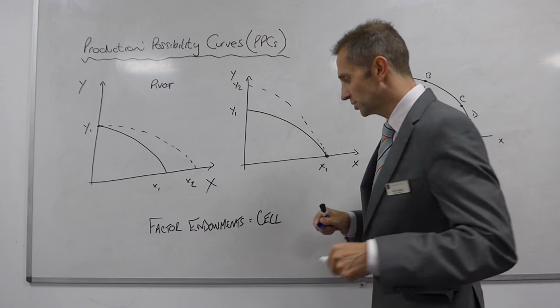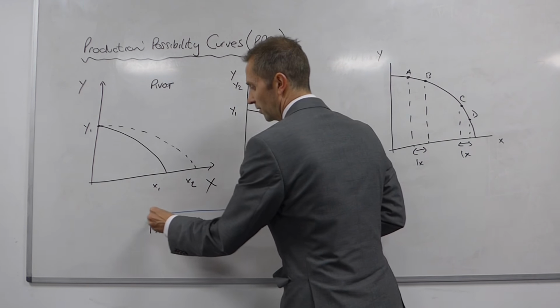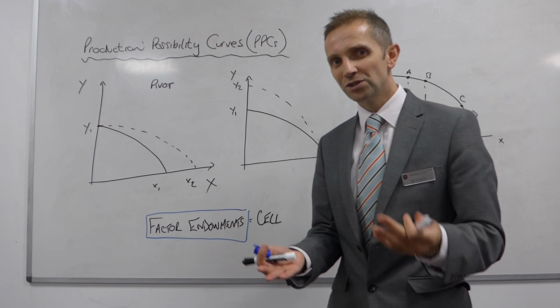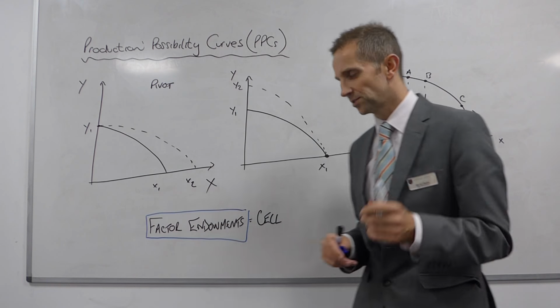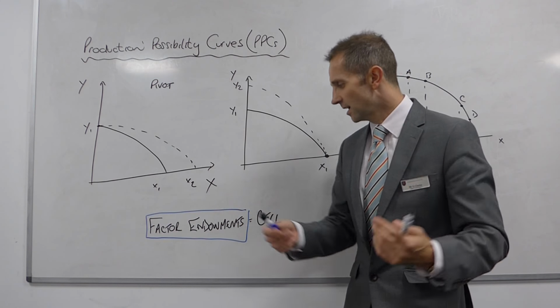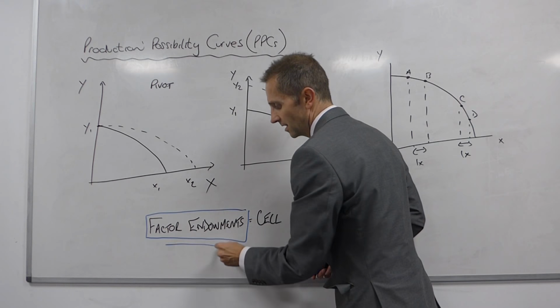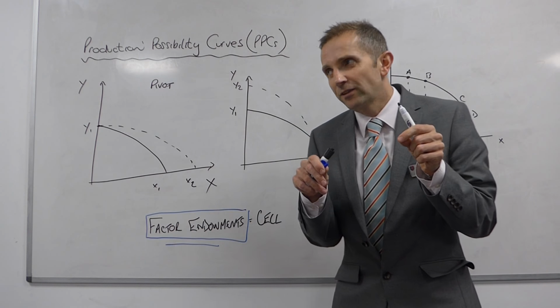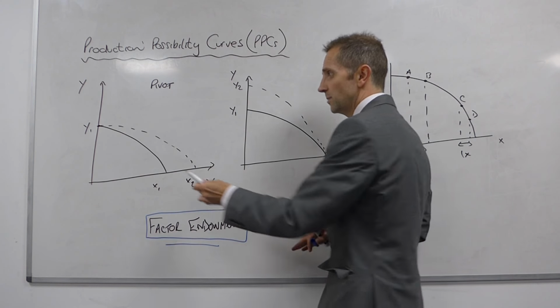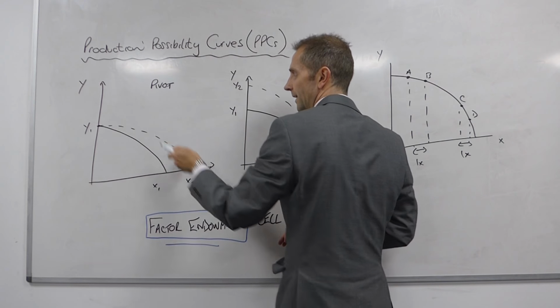Just by way of information, ladies and gentlemen, we can refer to those factors of production as a nation's factor endowments. So if a country has got lots of capital, enterprise, land and labour, then you could say that they had a very significant amount of factor endowments. And that, of course, determines whether the PPC lies here, or here, or here.